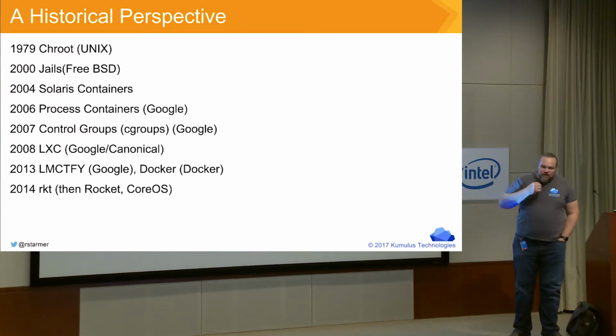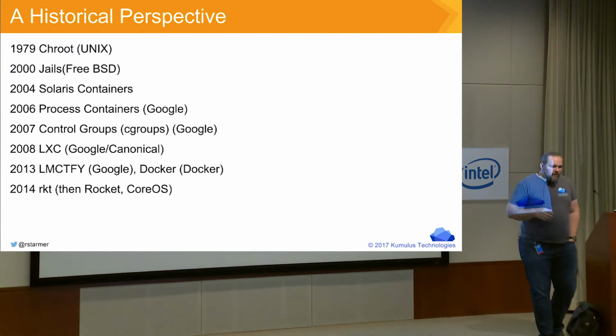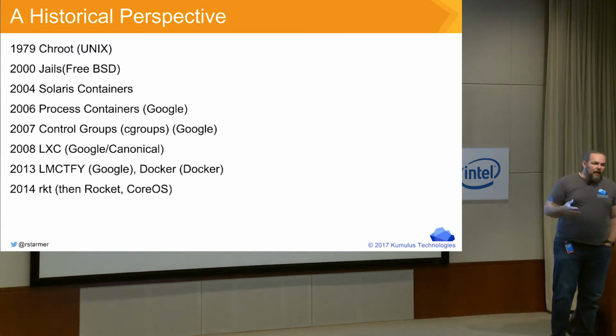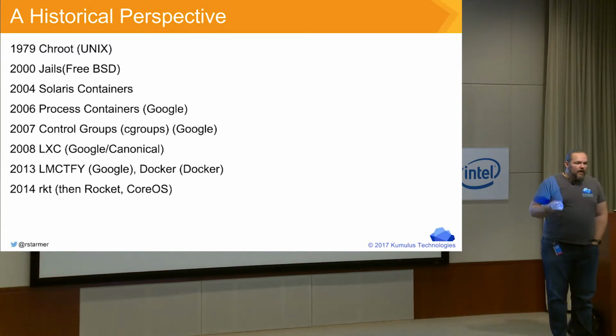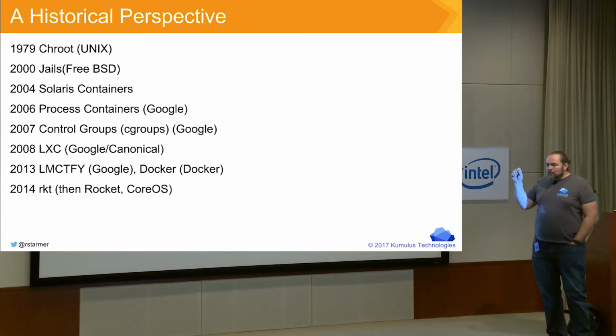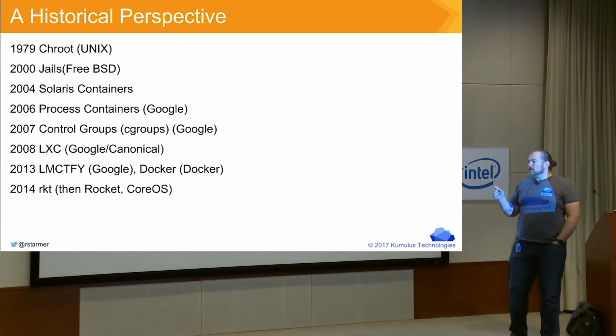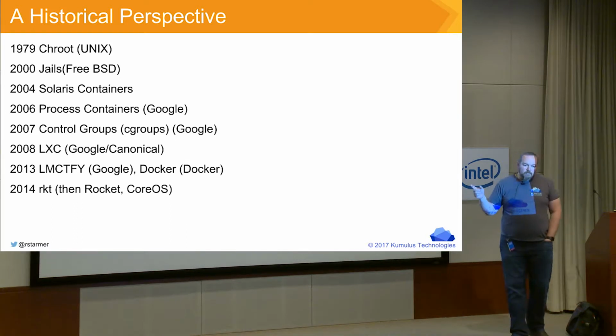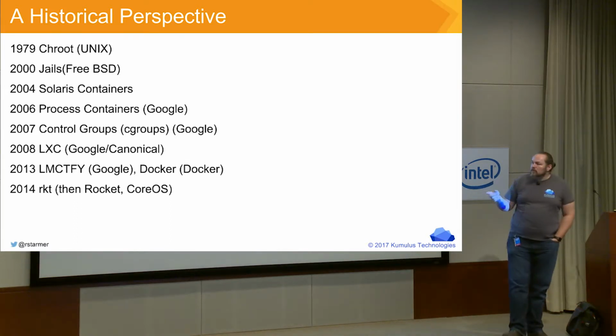Jails in the FreeBSD world in 2000 provided the first Linux-like containerization, a way of actually looking at separating the process, or at the process level. Solaris Containers did the same thing for the Solaris operating system in 2004.